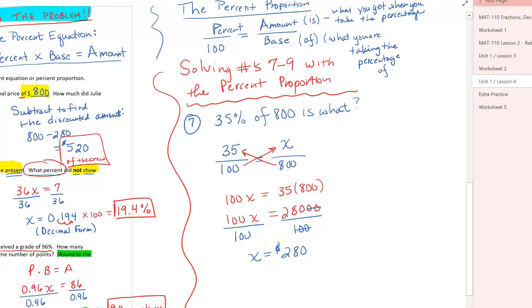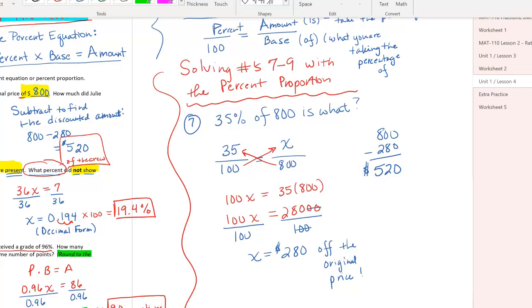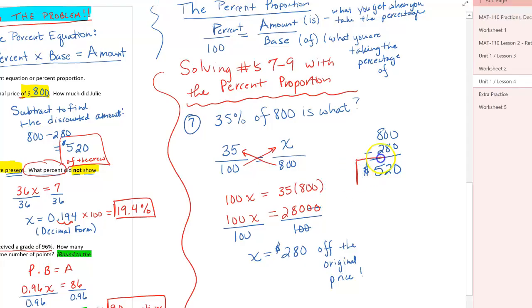Now, that is not what Julie's going to pay for the sofa. It's $280 off the original price. So now we have to subtract that from 800. So 800 minus 280 will give us the sale price of the sofa, which is $520. So that's the answer to example 7.